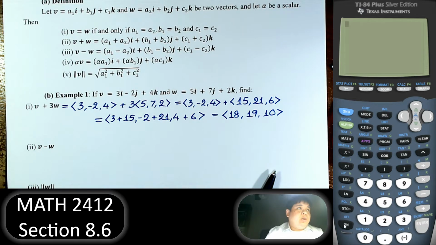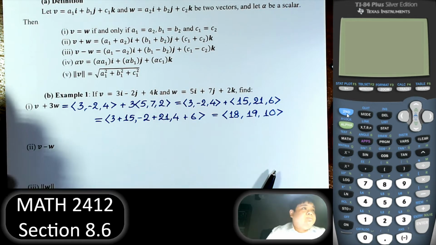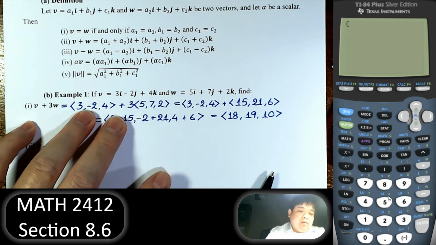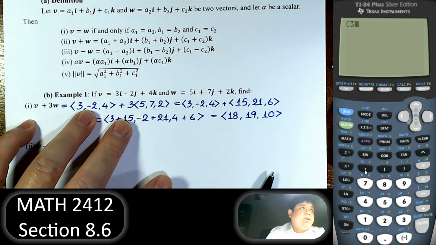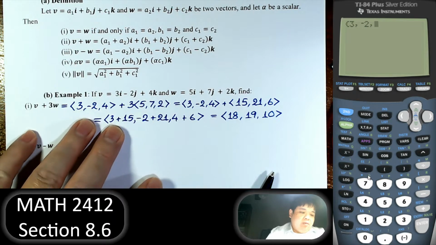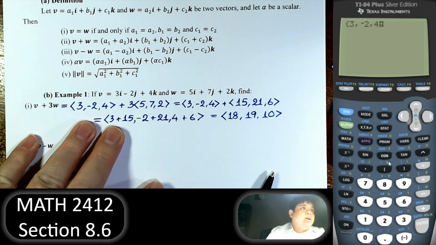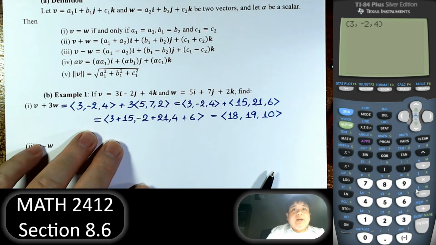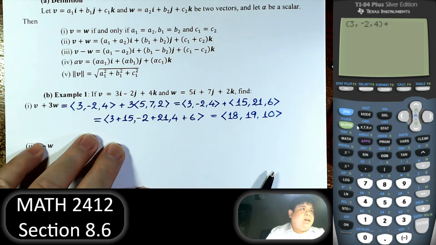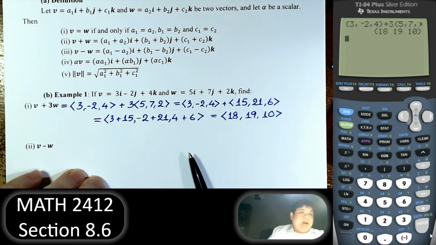Once again, if we want to use a calculator, we use the second parentheses, and then we have 3, comma, negative 2, and 4. So this is a list of 3 numbers. Or the vector has 3 components. A point has 3 components. Right, 3 times the second vector, 5, comma 7, comma 2. Close. Yeah, that's what we have. So simple enough.